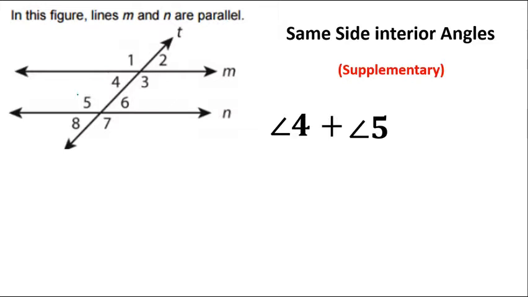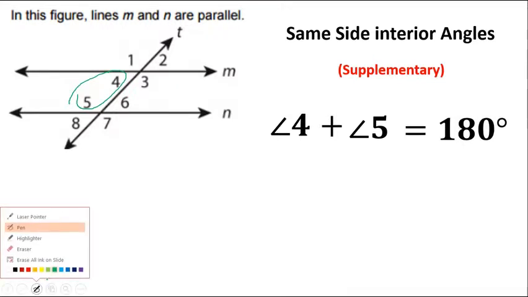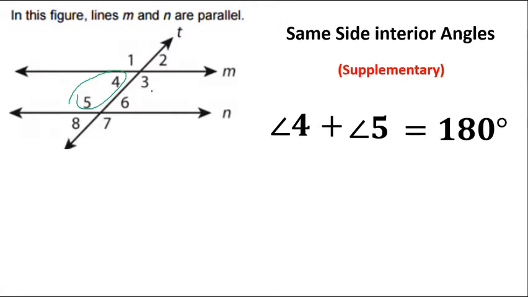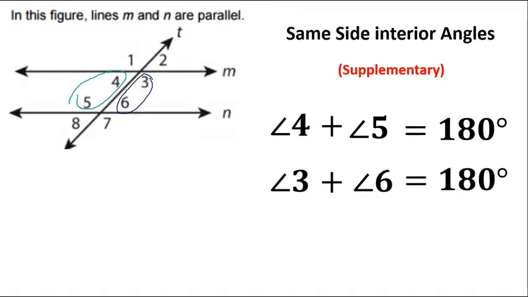So these two angles here have to add up to 180 degrees. And the other pair, 3 and 6, they also add up to 180 degrees. Those are your 2 pairs of same side interior angles.